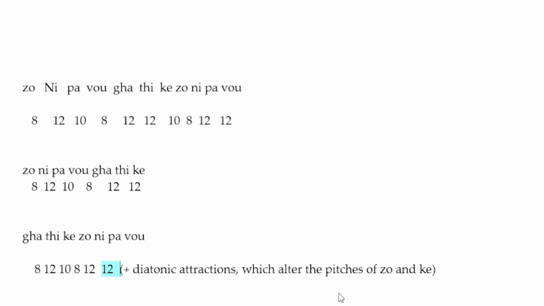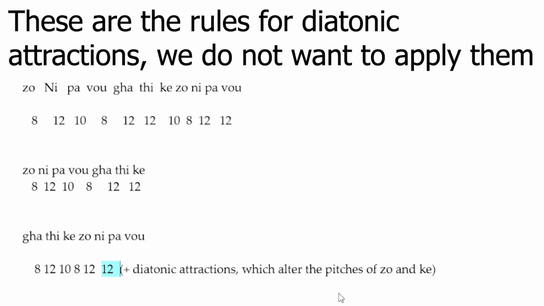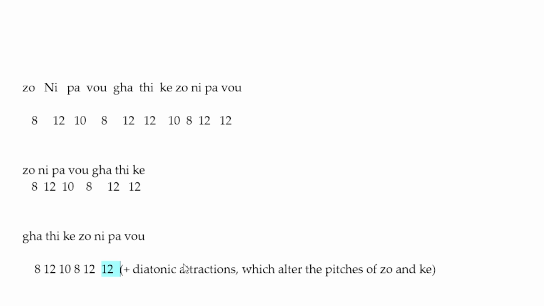For example, if you're singing the diatonic scale in that area of the scale, ke zo, the zo becomes flat, or ke zo ni zo, the ke becomes sharp and the zo becomes natural. So if you don't place it in this part of the scale, the attractions can actually greatly affect the intervals that you sing here.